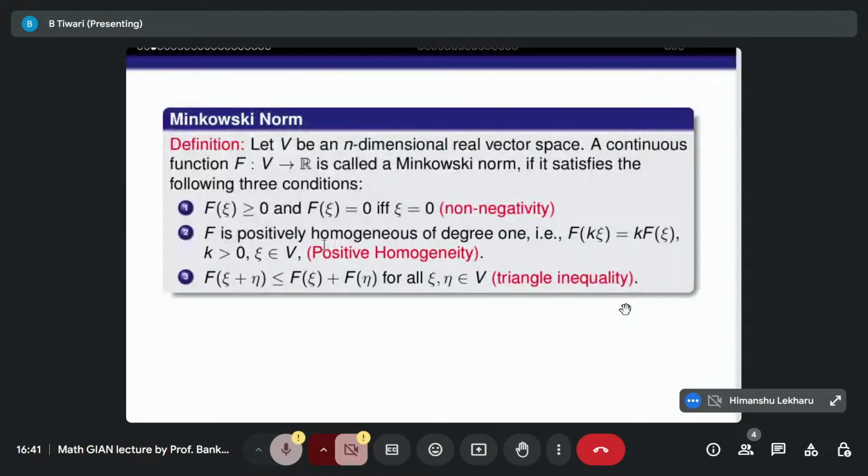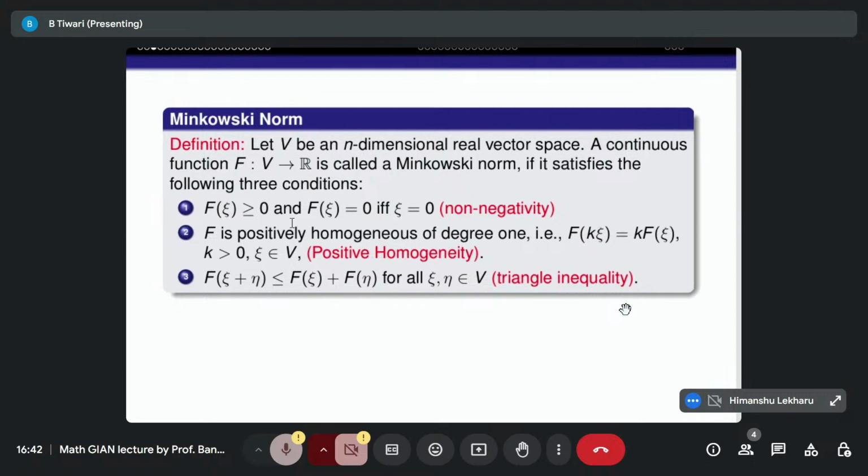The only difference from the functional analysis norm is that in functional analysis you take the norm of k times xi equal to the modulus of k times the norm of xi for any real number k, and here I am taking only positive homogeneity, that is, the norm of k times xi is equal to k times the norm of xi only for positive numbers. What it means is that the norm of minus xi may not be equal to the norm of xi here. So this norm is not symmetric in some sense, right? And there is the triangle inequality. So if I am considering such a norm, it is what is called a Minkowski norm.